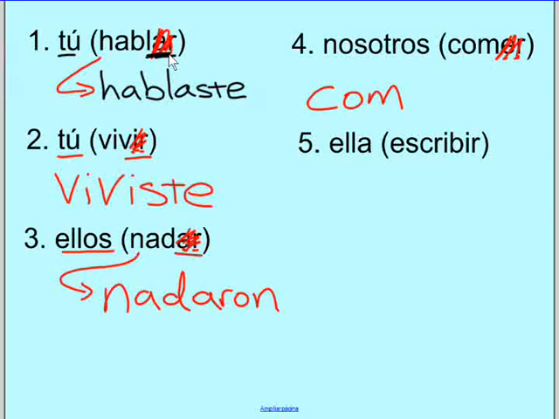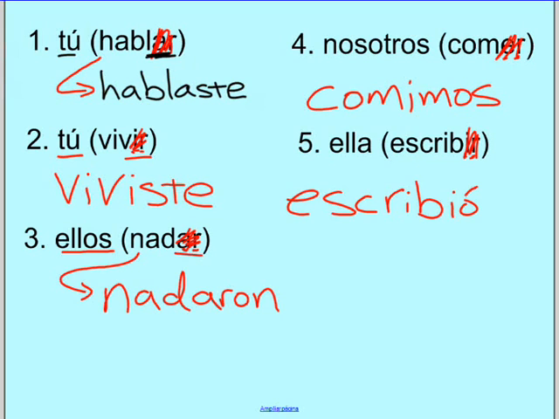Remember that it's an ER verb with the nosotros ending for ER verbs, which is imos, making comimos. And finally, number 5, count 1, 2 from the end, eliminate, copy the stem, and then remembering that it's an IR verb, use the ella ending for IR verbs, which gives us escribió.